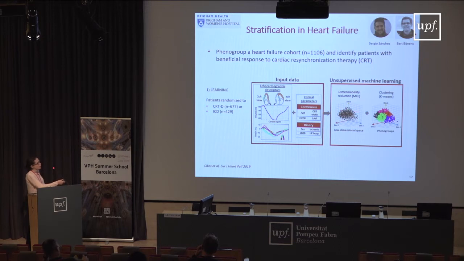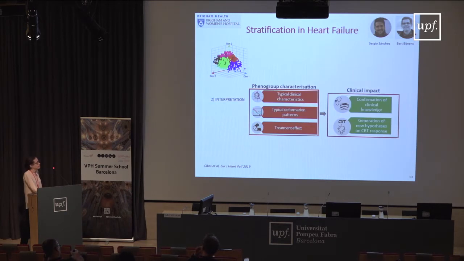Now, because similar patients are close to each other, I can try to find phenotypes by doing clustering, as well. After I do this, I am going to look at each of these phenotypes, characterize it, and see how the treatment affects their progress or evolution.